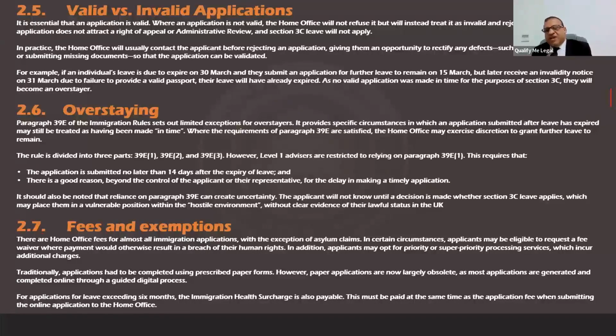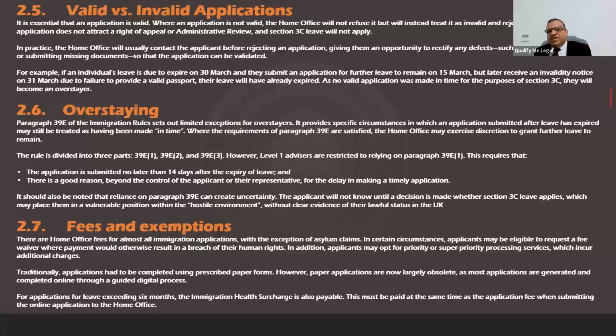As I told you, you have to apply for leave to remain or your extension within the time duration. However, there are certain exceptions. What are those exceptions? They have been explained in 39E. These 39E rules are divided into three parts: 39E1, 39E2, 39E3.